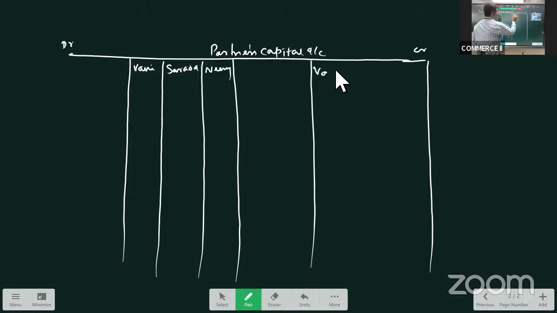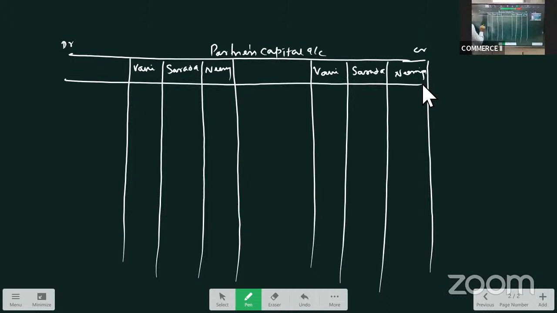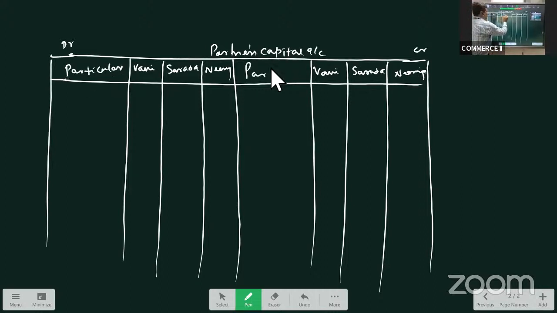Particulars and the names of the partners.